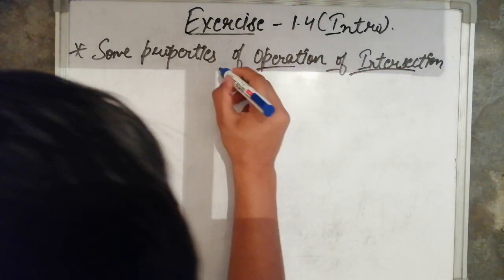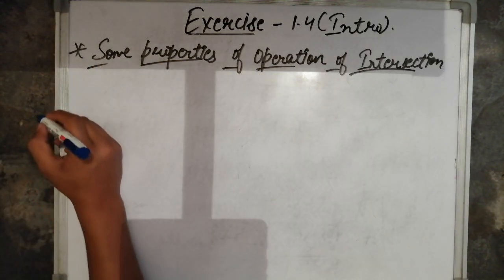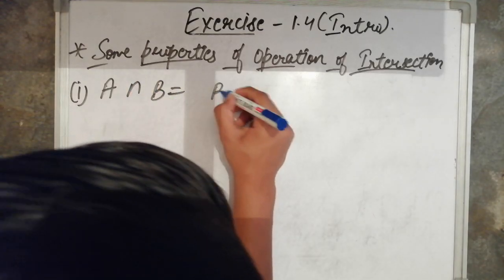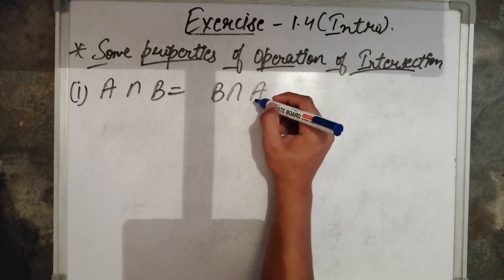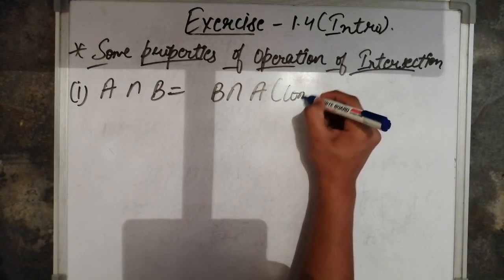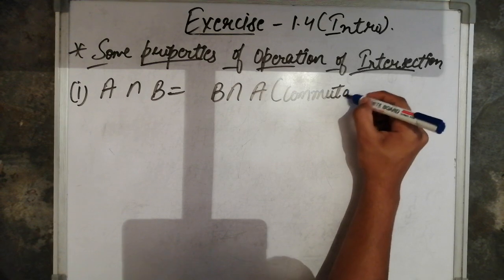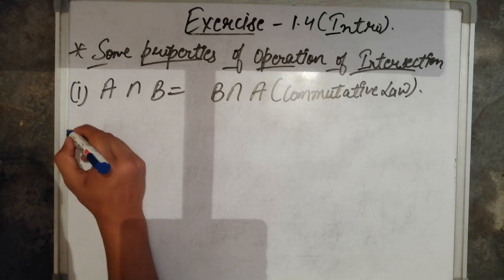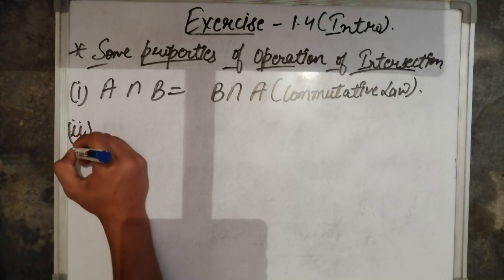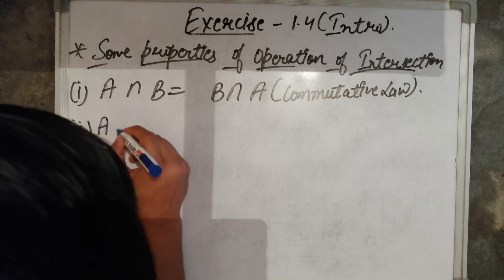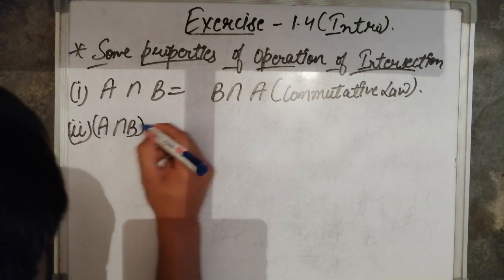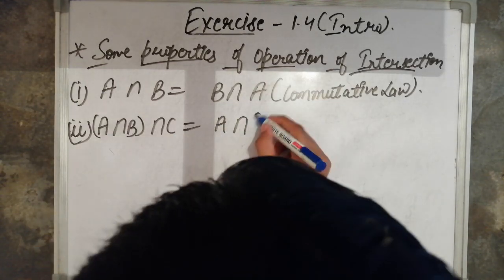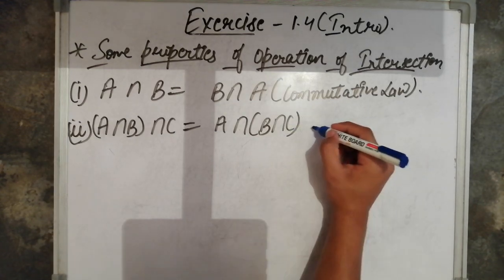Our first property is A intersection B is equal to B intersection A, which is the commutative law. Moving to the second property, we have A intersection B intersection C is equal to A intersection B intersection C with different grouping, which is the associative law.